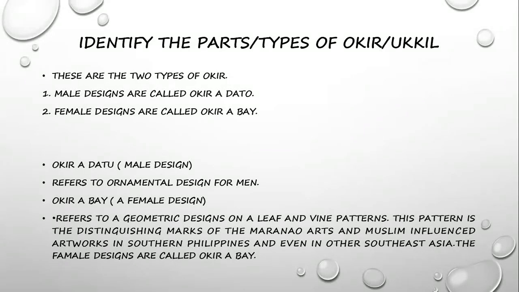Ukir abay or a female design, it refers to a geometric design on a leaf and vine patterns. This pattern is the distinguishing mark of the Maranao arts and Muslim-influenced artworks in southern Philippines and even in other Southeast Asia.